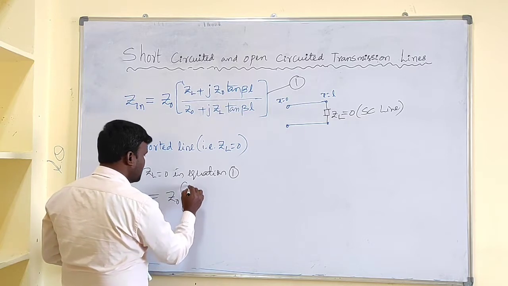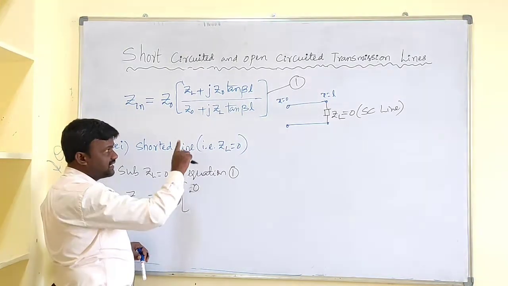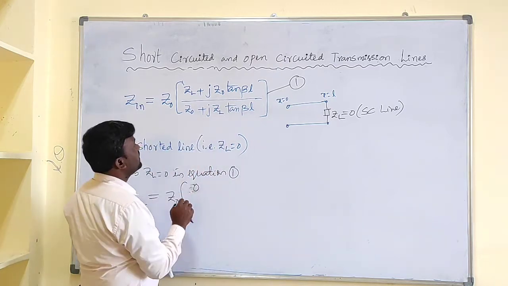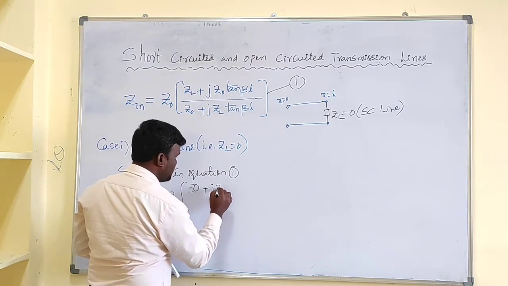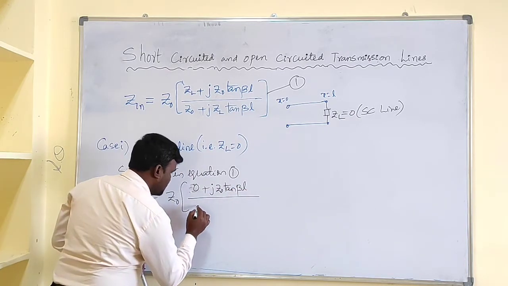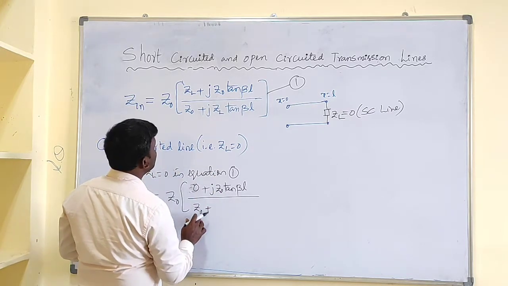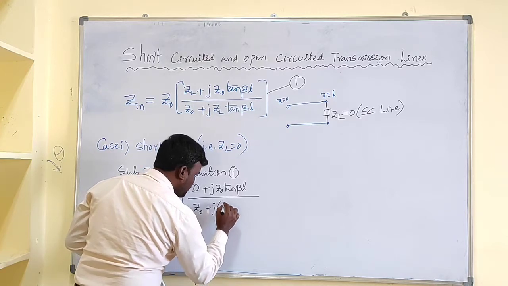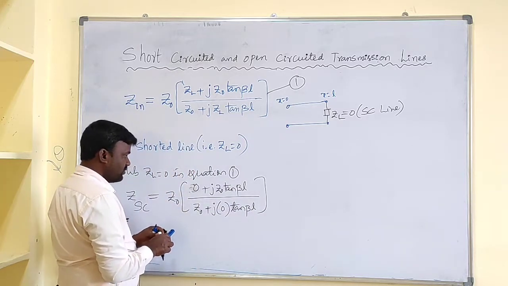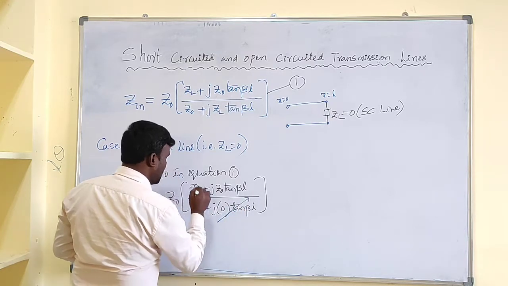For the short circuited case, ZSC equal to Z0 into (ZL plus JZ0 tan beta L) divided by (Z0 plus JZL tan beta L). Here ZL is 0, since the load is terminated with a short circuit. So ZL becomes 0 and JZL tan beta L, which is J into 0 into tan beta L, also becomes 0.